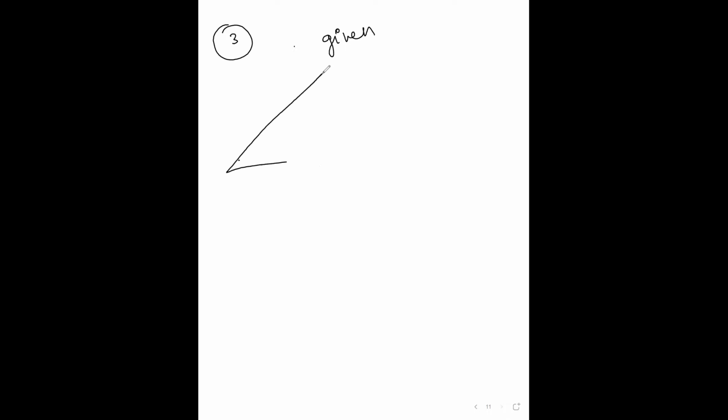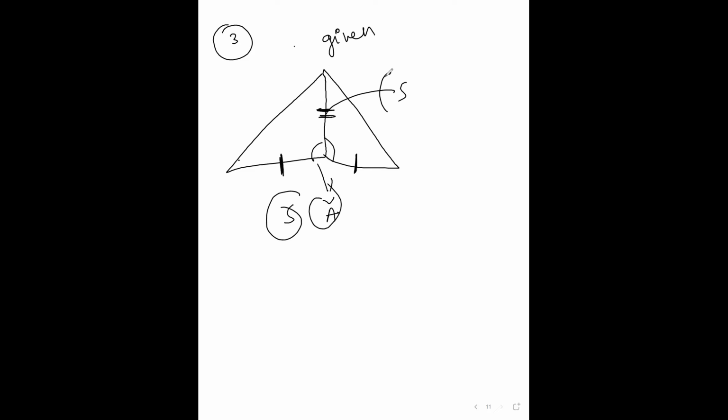SAS because this side is equal to this side, S. This angle is equal to this angle, A. This side is equal to itself, obviously, S. This angle is between these two sides or not?